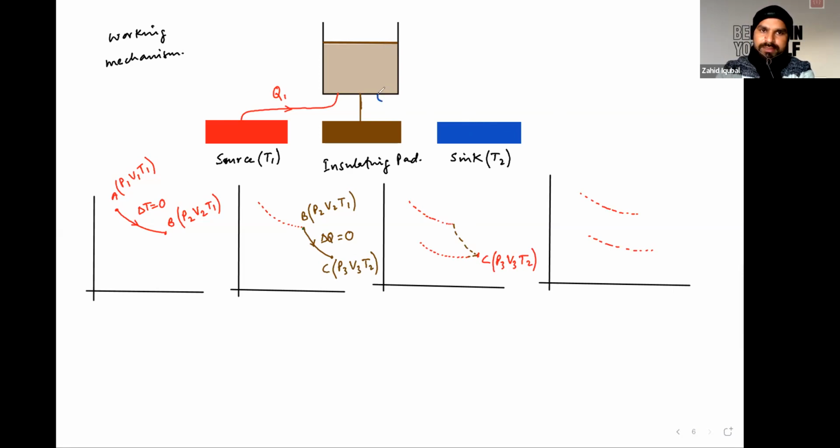So it will eject some amount of heat energy into the surrounding, Q2, and start compressing. So it will be isothermal compression from this point to reach point D, pressure P4, V4 and temperature remains T2.